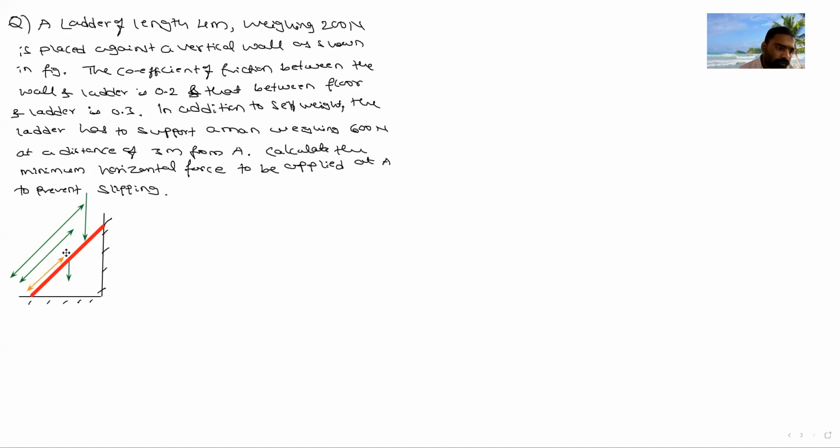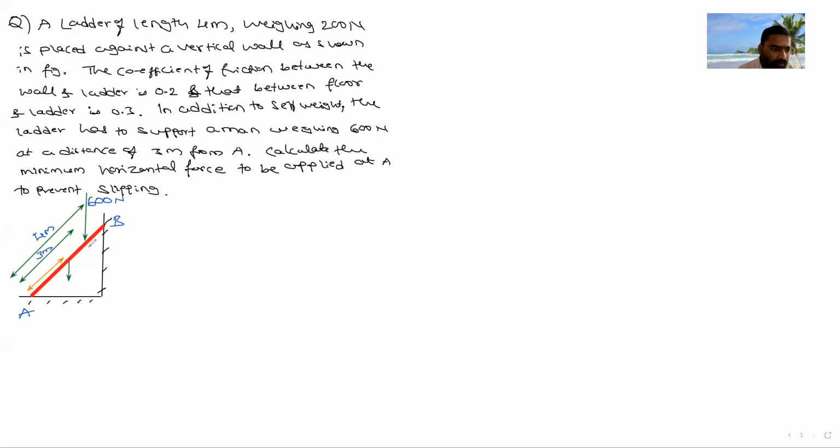This is L by 2 and the remaining is L by 2. Okay. So this is point A and this is point B. Total is 4 meter and he has given this is 3 meter. The man's weight is given 600 Newton.